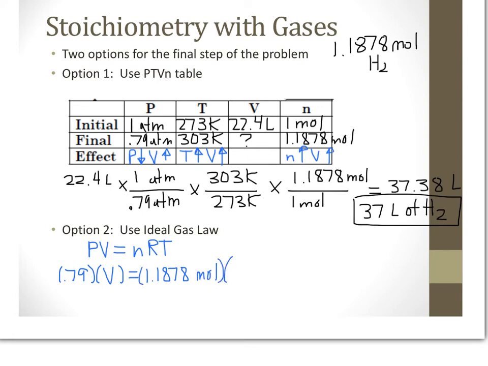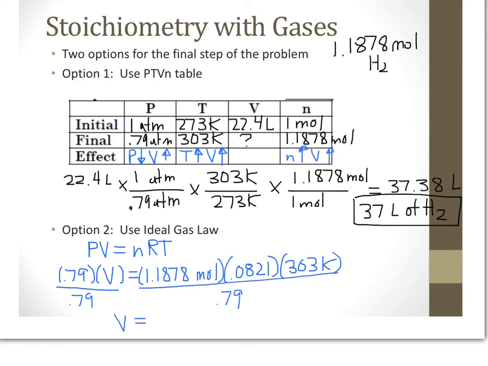R, and remember there are several different values of R. You want to pick the one that matches with units of atmospheres and moles and Kelvin, which is in this case 0.0821. And the temperature is 30 degrees Celsius or 303 Kelvin. So we plugged everything in. We're going to solve for volume by dividing both sides of this by 0.79.